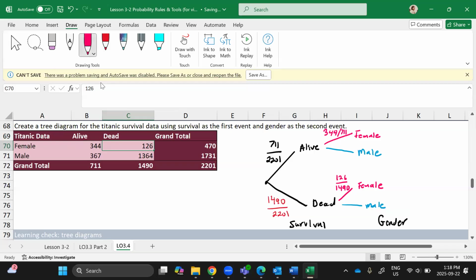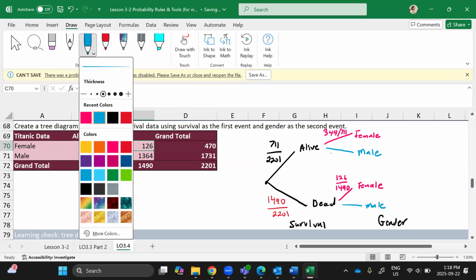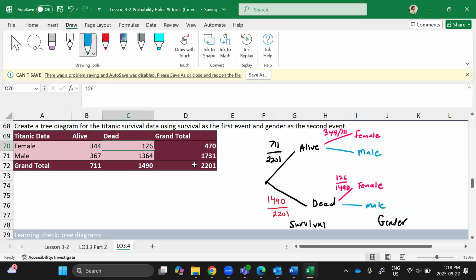For males, if I look at the alive males, it's 367 out of the 711 total alive. And for males, dead is 1,364 out of the 1,490 in total.